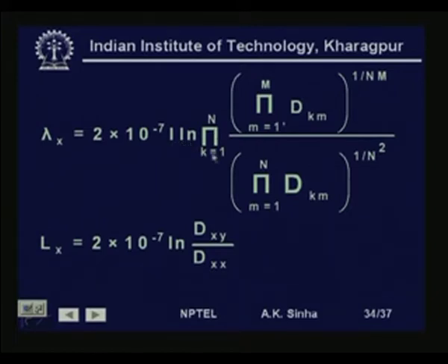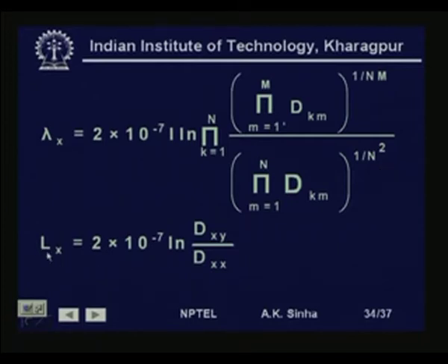Therefore, it is multiplication k is equal to 1 to n into multiplication of m is equal to 1 dash to m dkm divided by multiplication m is equal to 1 to n of dkm. This will be to the power 1 by n square, and this will be to the power 1 by nm, because we had that 1 by nm and 1 by n square.